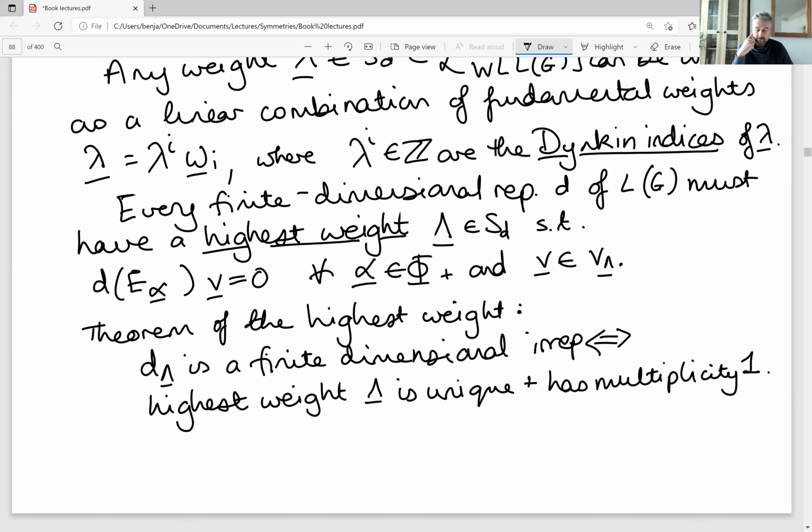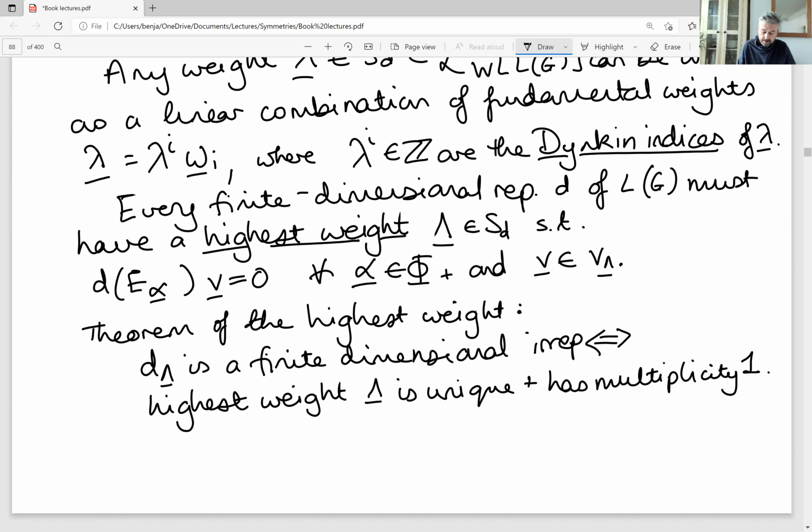The theorem of the highest weight also tells us that if you find the highest weight of any representation, and it's equal to the highest weight of another representation, then the two representations are isomorphic. So the highest weight is a good way of labeling representations.